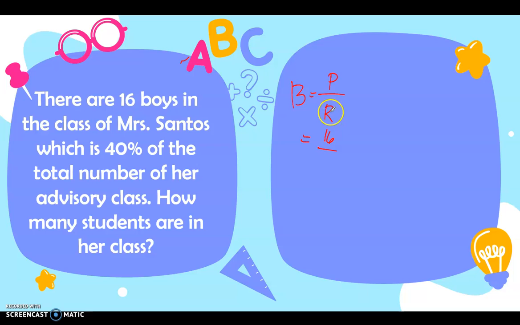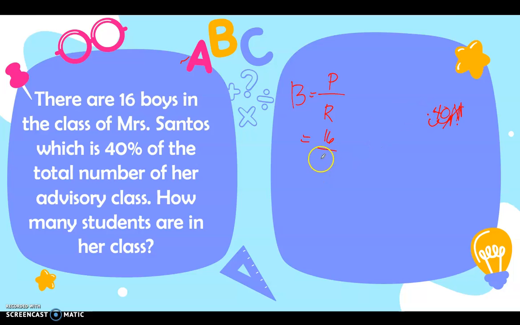Now again, for the rate, we need to change it first to a decimal number because we cannot divide if it's in a percent. So we have 40%, where all you have to do is omit the percent symbol. Then move the decimal point from the end two decimal places to the left, 1, 2.